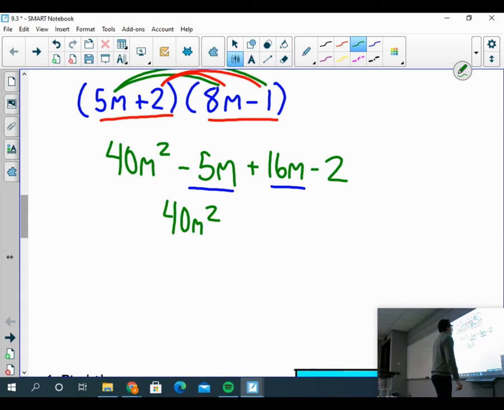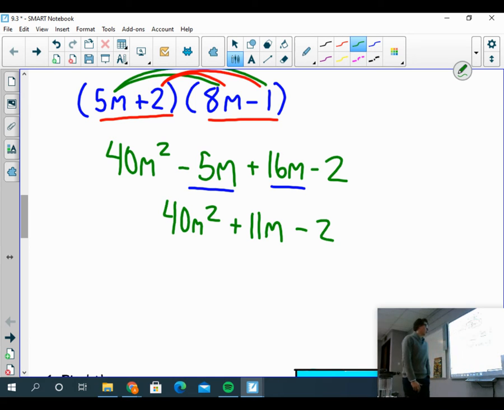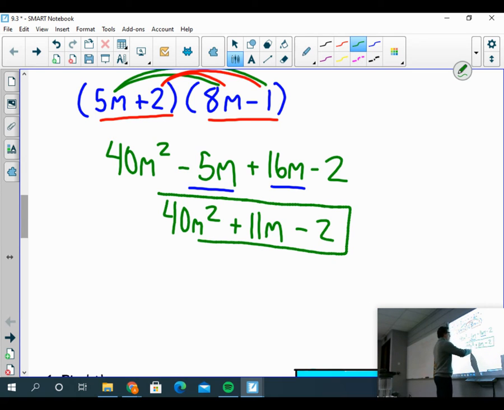Again, minus 5m and plus 16m will leave me with 11m. We do minus 5 plus 16. And then, of course, my minus 2 comes on down. And normally, I would have to standardize this, putting my largest power first. But we're A-okay here because they're already in order.